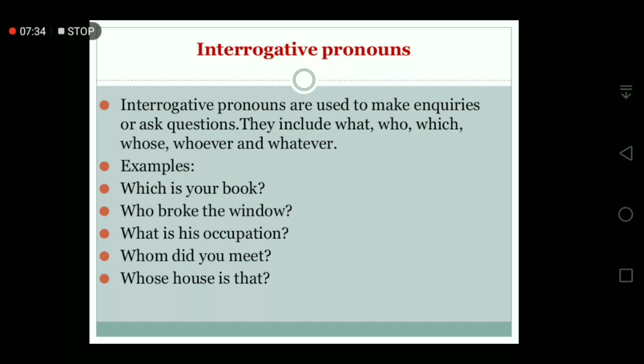Look at the examples: which is your bag, who broke the window, what is his occupation, whom did you meet, whose house is that. These WH words, which, who, what, whom, whose, are called interrogative pronouns.